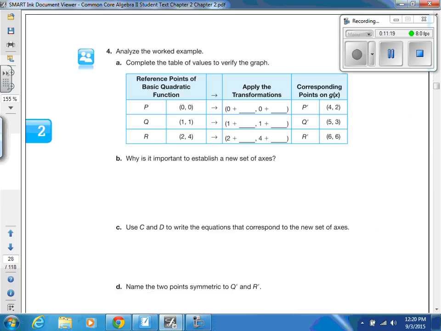And we want to know how all of these points are going to change. Well, on this one, it's going to add 4, and it's going to add 2. It's going to do that to every single point until you have all brand new points.